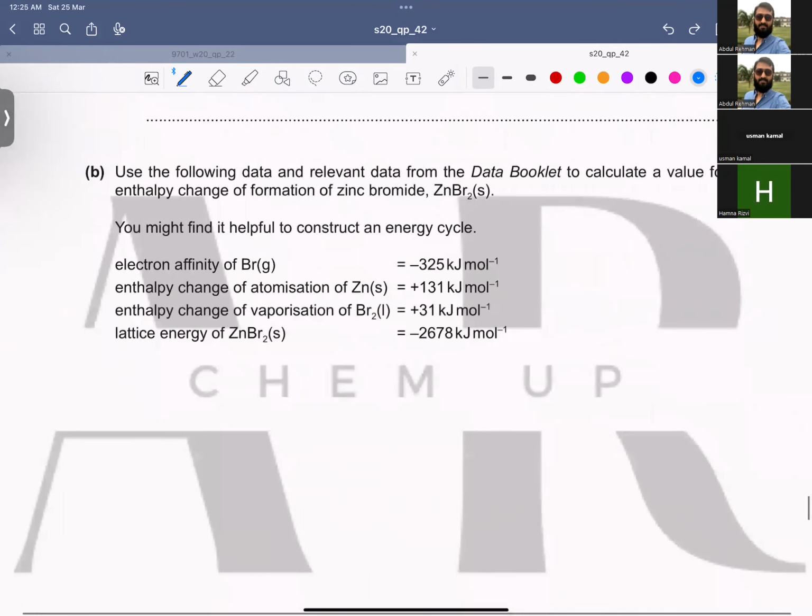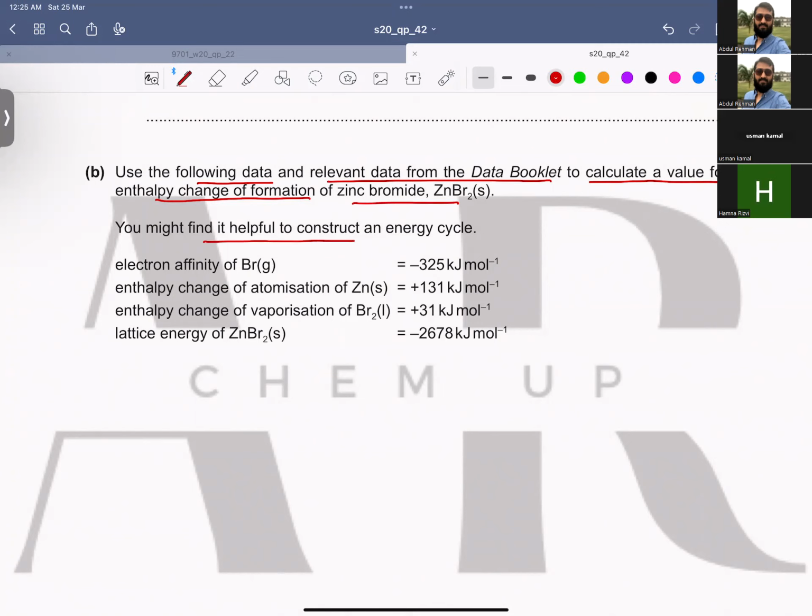Okay. Now use the following data and relevant data from the data booklet to calculate a value for the enthalpy change of formation of zinc bromide. You might find it helpful to construct an energy cycle. So you have to find the enthalpy change of formation, and you are provided with first electron affinity of bromine.